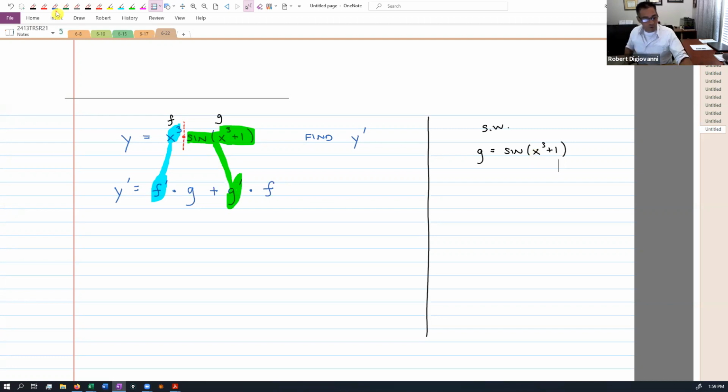Do we want to just pretend we have an outer function and call it f? I mean, we can. There's nothing wrong with calling the outer function here sine x and then calling the inner function here the g of x, which would be x cubed plus 1. But do you see what I'm saying? We've used f and g twice and they mean completely different things. I've used g here and g is this. You see what I'm saying? It can be problematic.